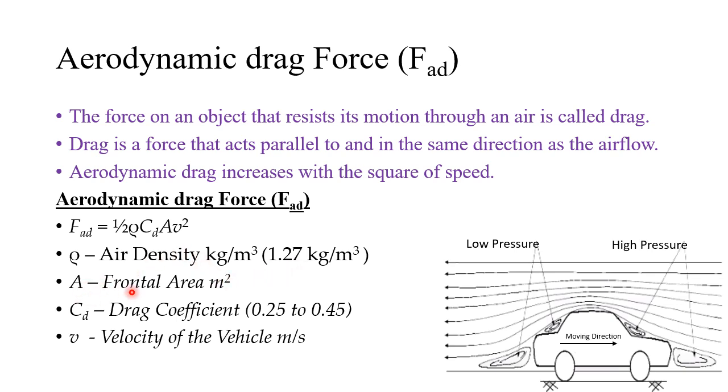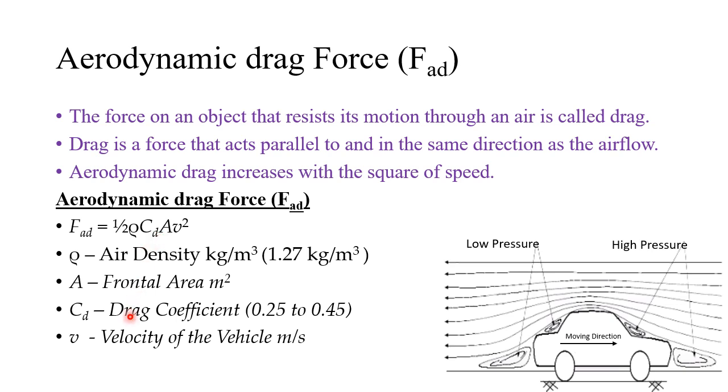Capital A is the frontal area in meter square. While designing the vehicle, if the frontal area is high, then the consequences will be faced, like the drag force will increase.